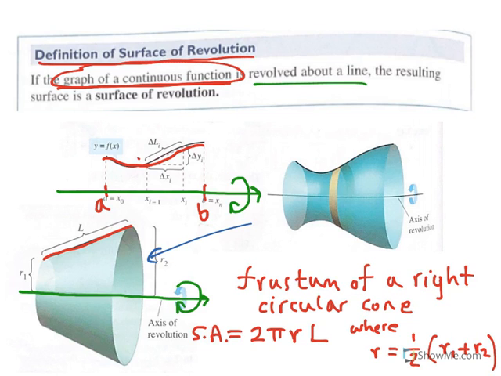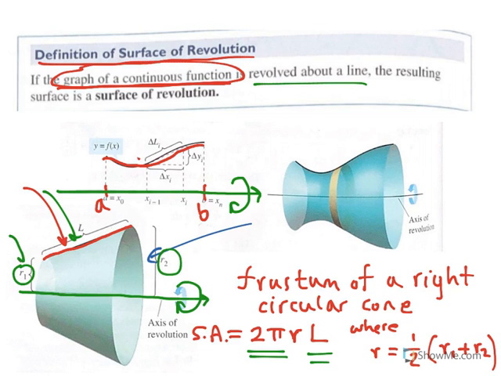The surface area of this frustum of a right circular cone is given by 2 pi r times L. Now, L is the length of the line segment that is being revolved about the axis of revolution. So L represents the length of this line segment. 2 pi is a constant, and r is the average of the smaller and the larger radii.